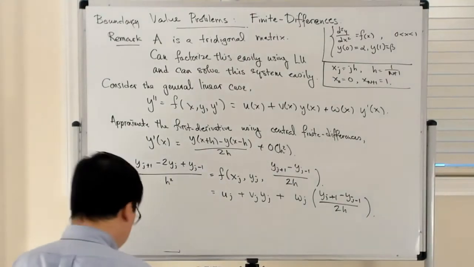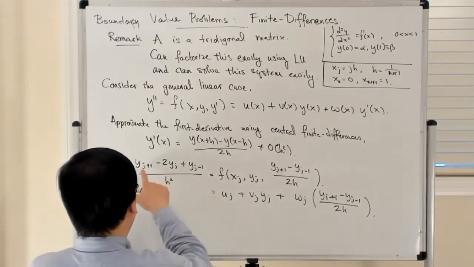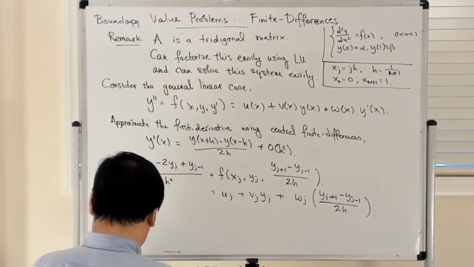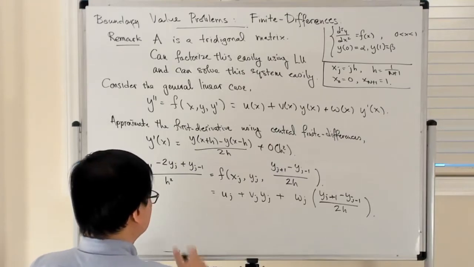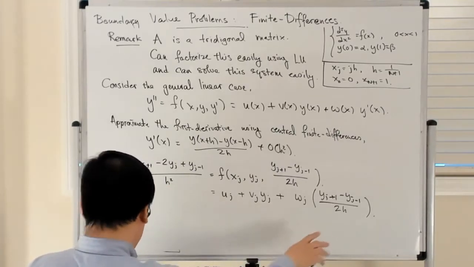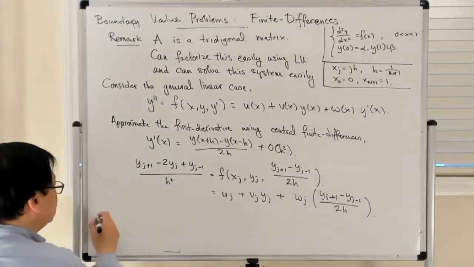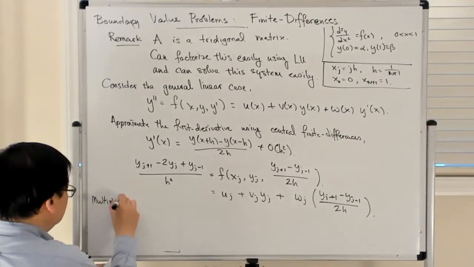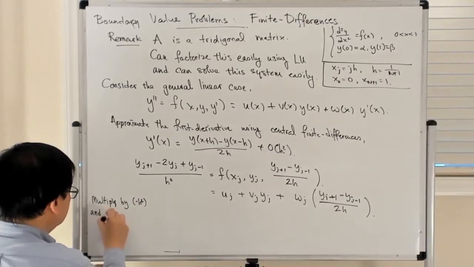Now I can collect the coefficients involving yj, yj plus 1, and yj minus 1 in the following way. And before I do that, I'm going to multiply throughout by minus h squared and collect terms.